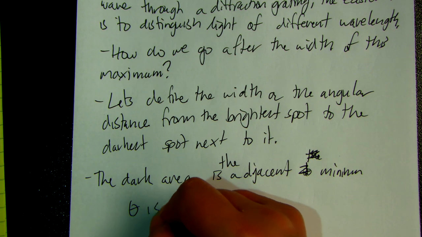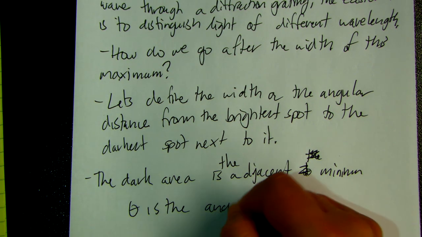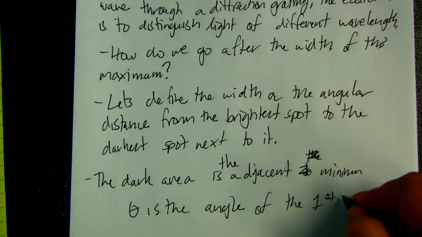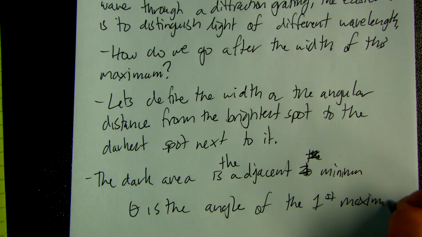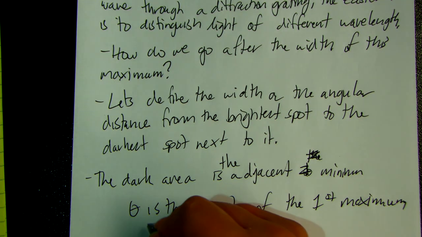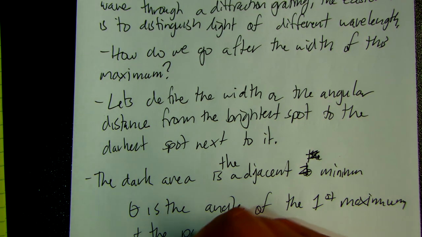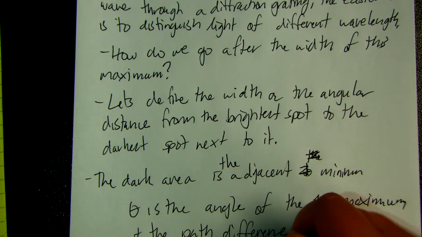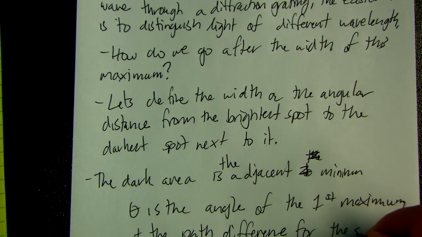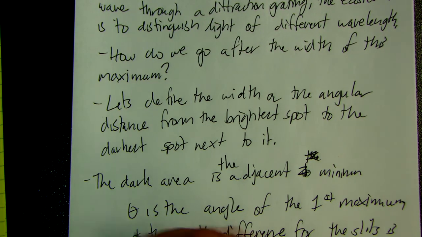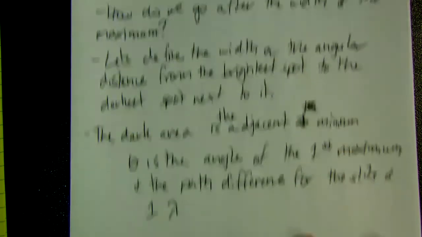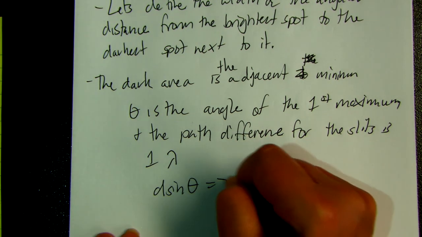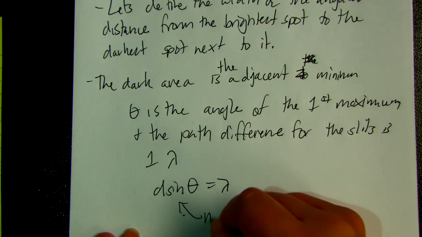Theta is the angle of the first maximum, and the path difference for the slits is 1 lambda. So d sine theta equals lambda, and we're looking at a maximum.